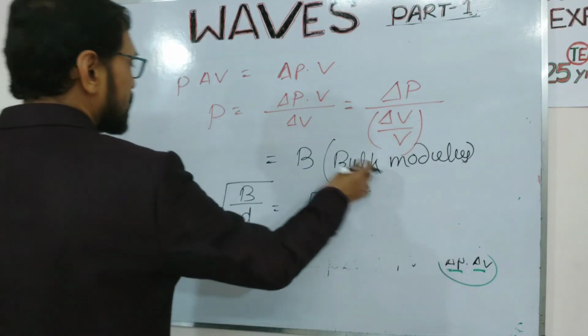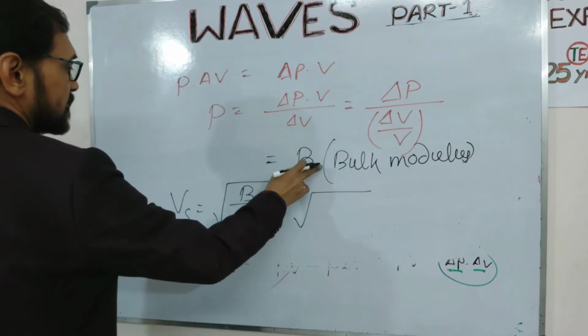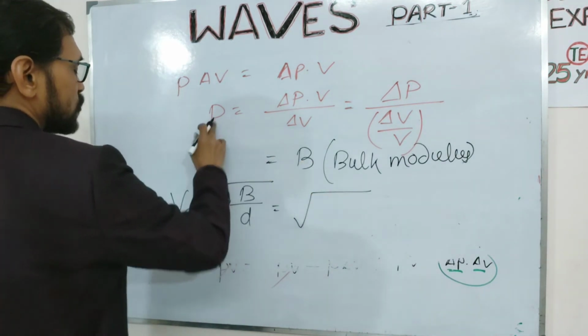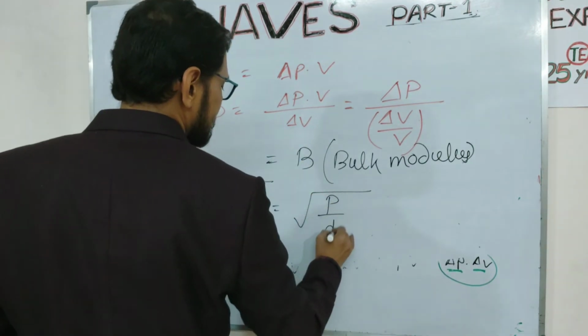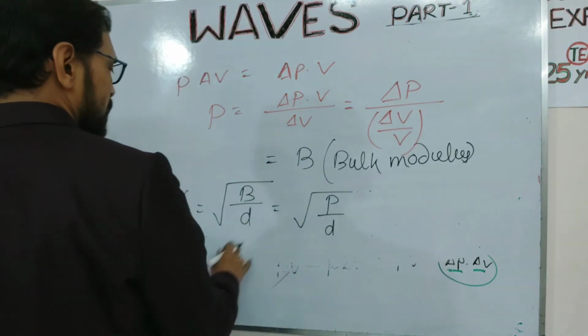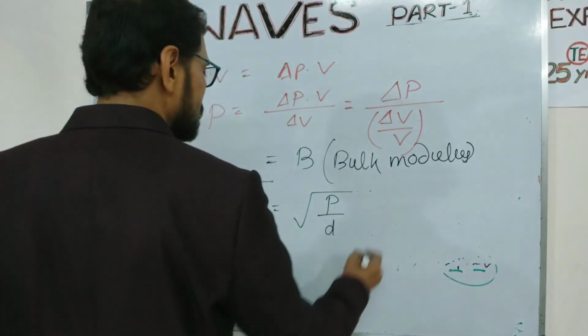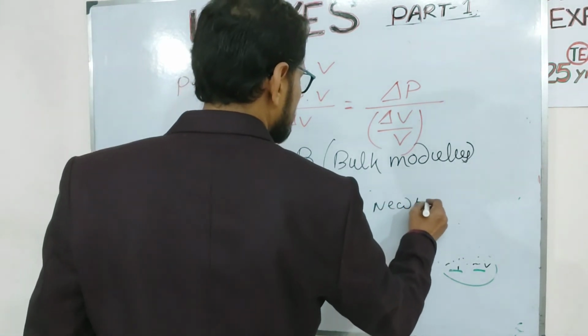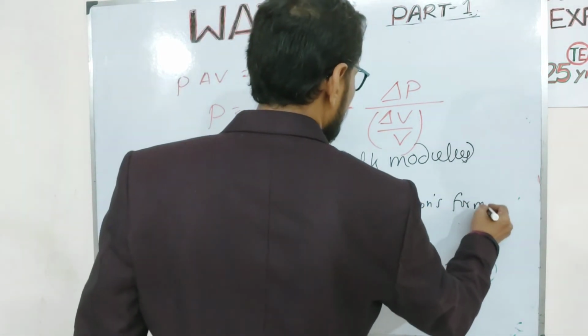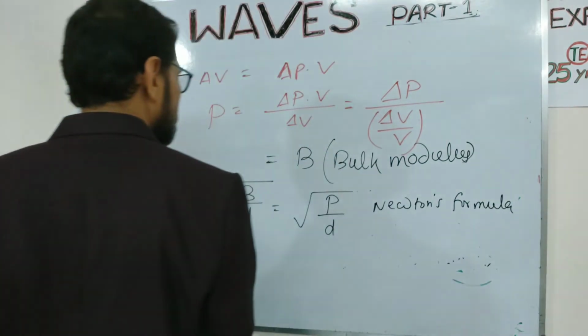Now according to Newton's formula, B equals P. So it is root over P by D, pressure by density. So this is Newton's formula of velocity of sound in air.